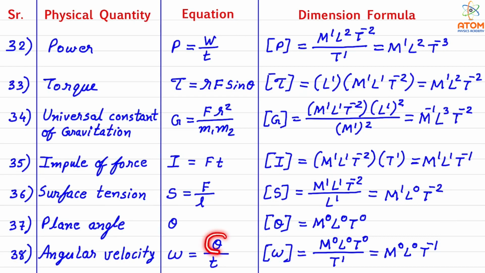So this is angular displacement upon time, and so it is angular velocity. Why it is so, that you will learn in the lesson rotational motion. But right now, from theta obviously I have to write the dimension formula M0 L0 T0. From time it is T1, and so the remaining is M0 L0 T raised to minus 1.